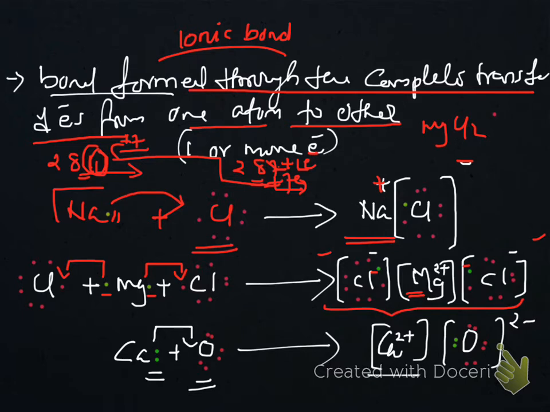Then calcium 2 plus and O2 minus, calcium oxide is established. Here 1 electron is transferred. Here 2 electrons are transferred to 2 different atoms. Here 2 electrons are transferred to the same atom. All these kinds of possibilities we have for making ionic bond. Anyway, this is the transfer of electrons. That word is very important.